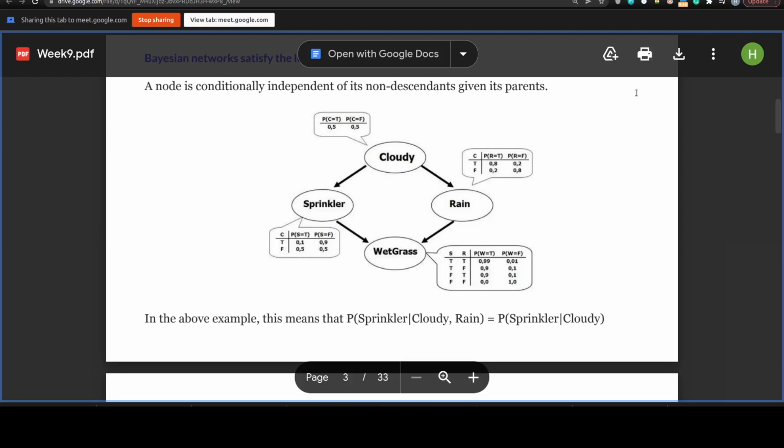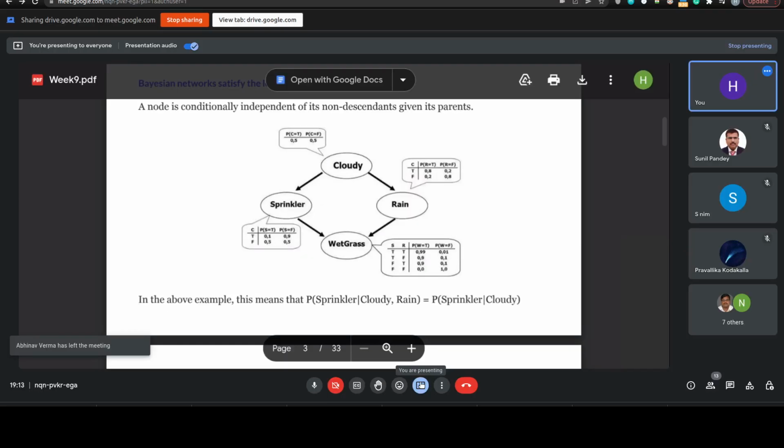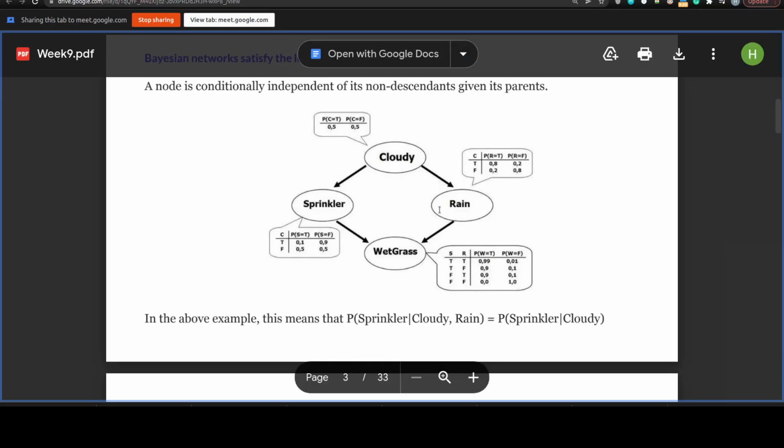So a node is conditionally independent of its non-descendants given its parents.